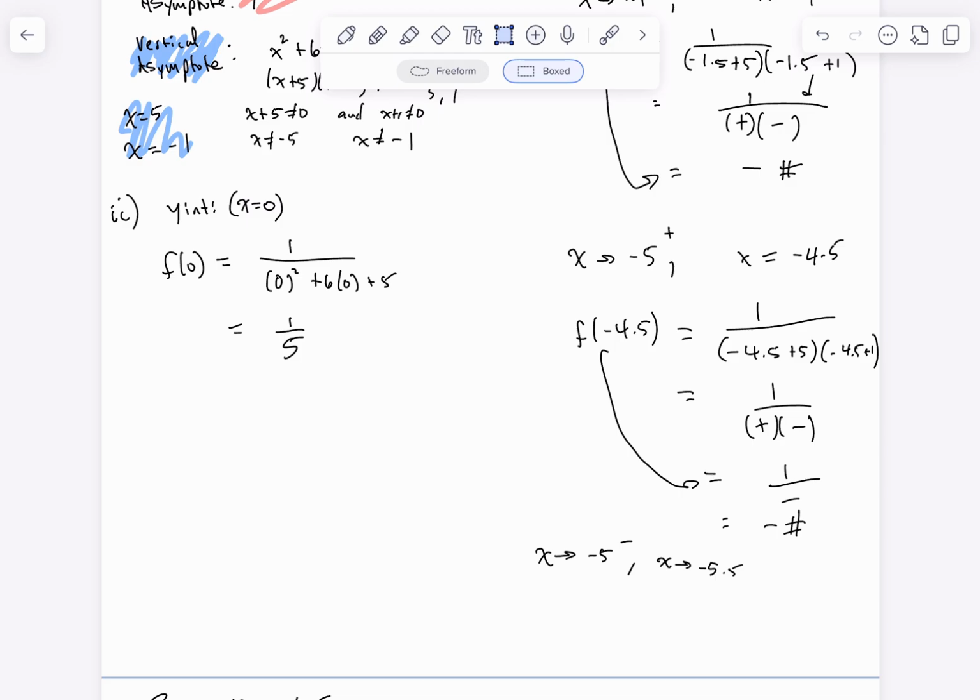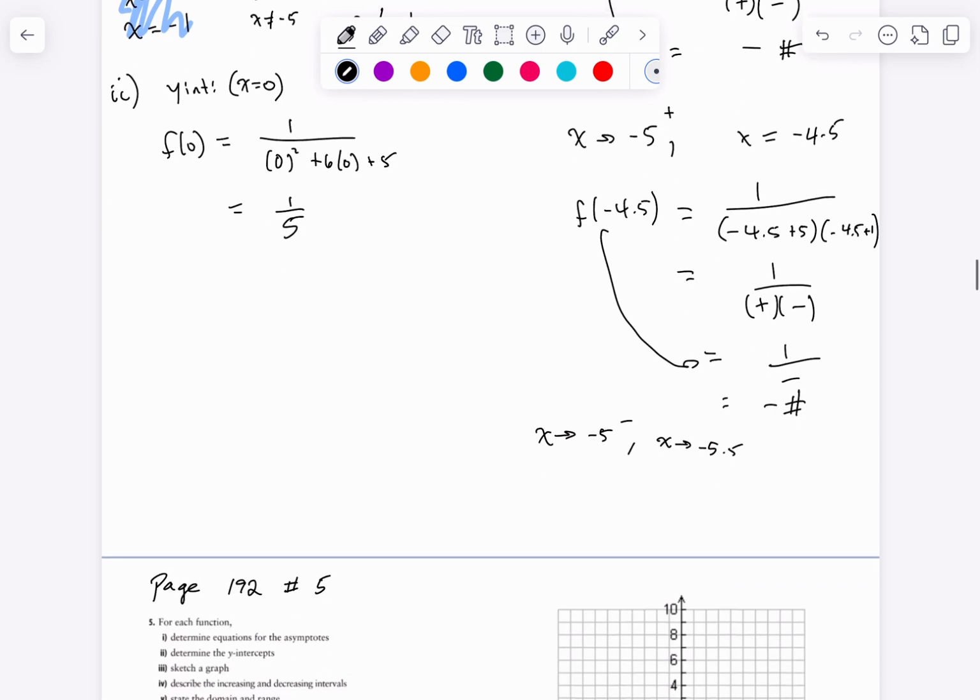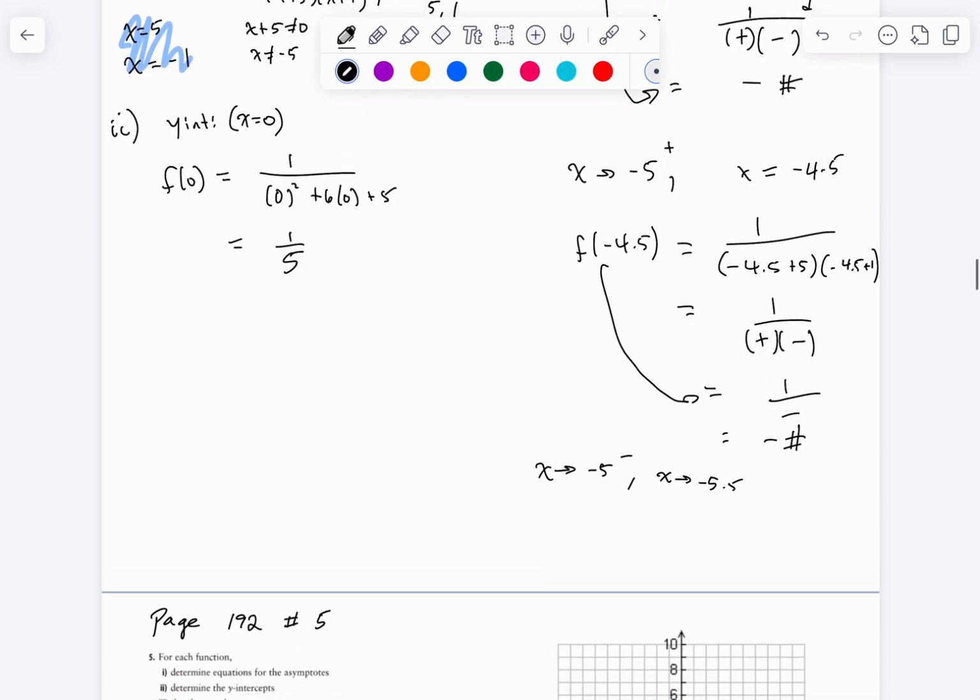And so I'm just going to evaluate the function again. Again, I just care about the magnitude because my horizontal asymptote's at y equals 0. So if I evaluate at negative 5.5, I'm going to get 1 over (negative 5.5 plus 5) multiplied by (negative 5.5 plus 1).